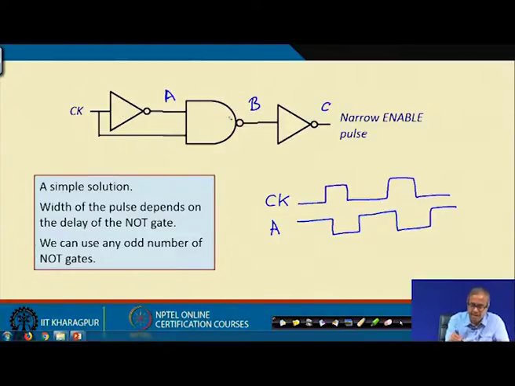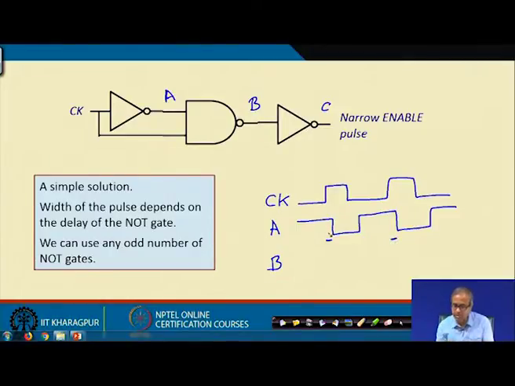Now, you are doing a NAND of Ck and A and generating B. NAND means what? Whenever both of the inputs are 1 1, only then the output will be 0, otherwise the output will be 1. Now, see here there is a period when both of them are 1 1, it is this period, then again this period, right.